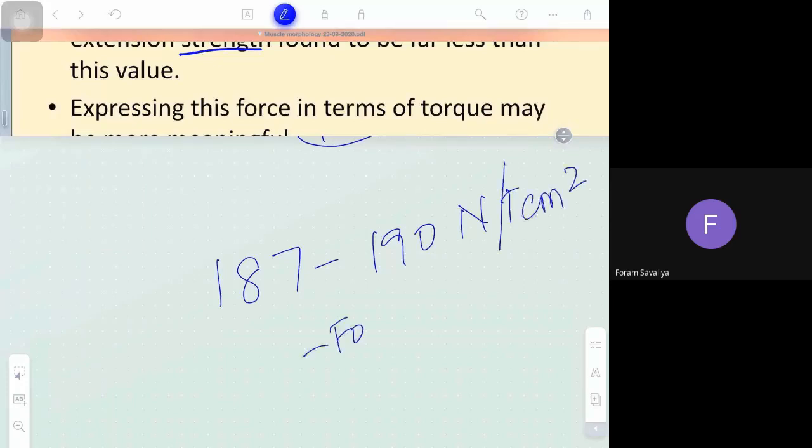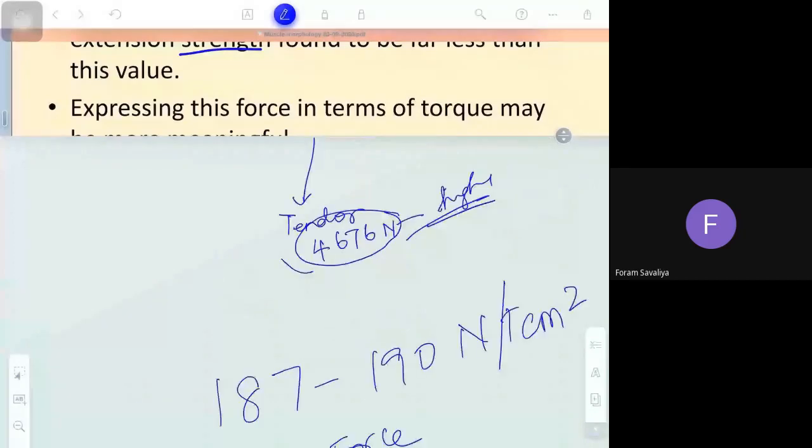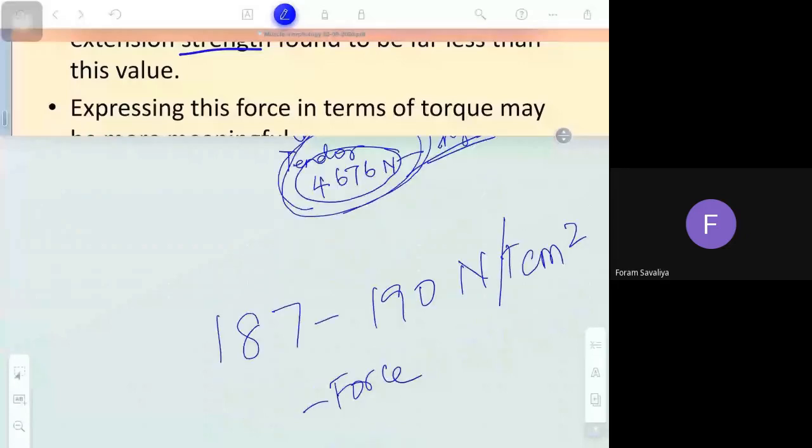But what we discussed was 4,676, while the force measuring devices found only this much force generated by the quadriceps muscle.